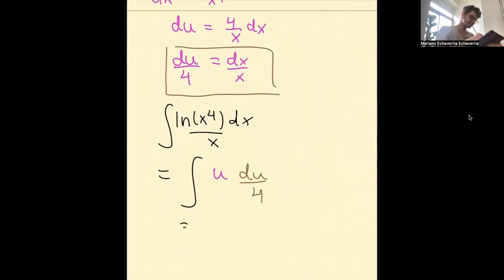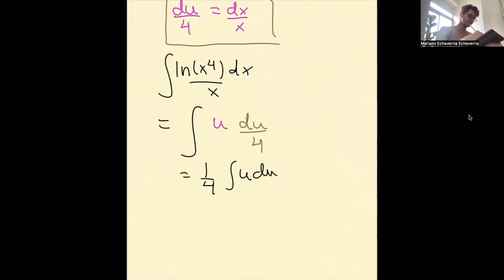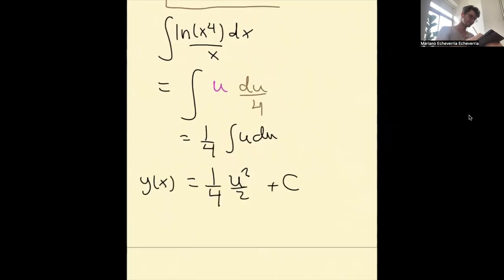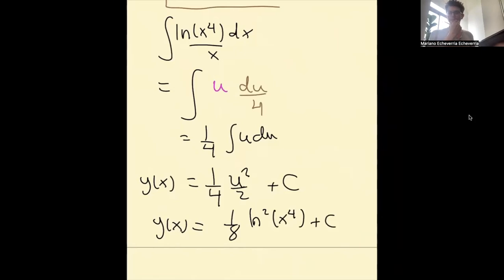And now this is an easy one to integrate. It's just u squared over 2. It's just that you have to write it in terms of x. So you get ln squared of x to the 4 plus c. Is that making sense?